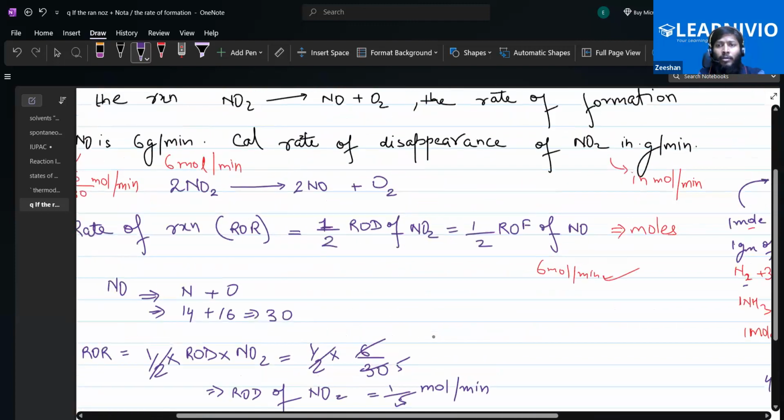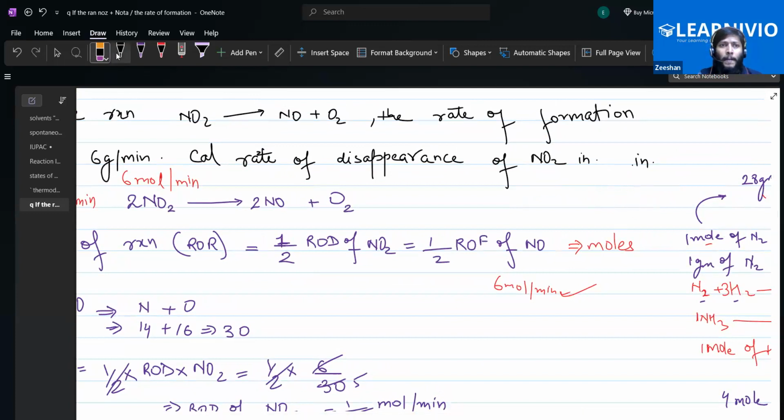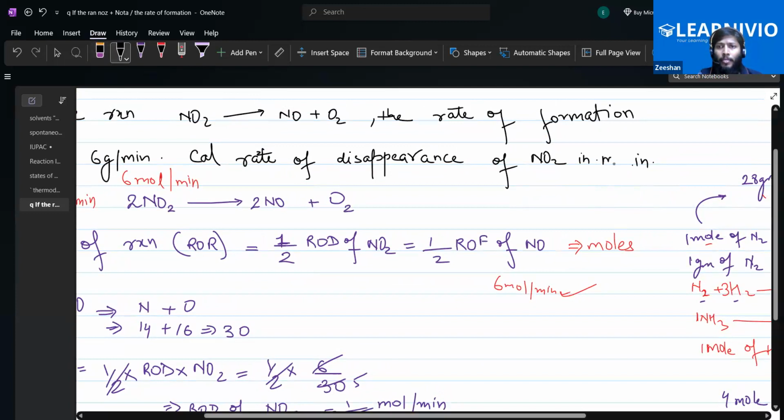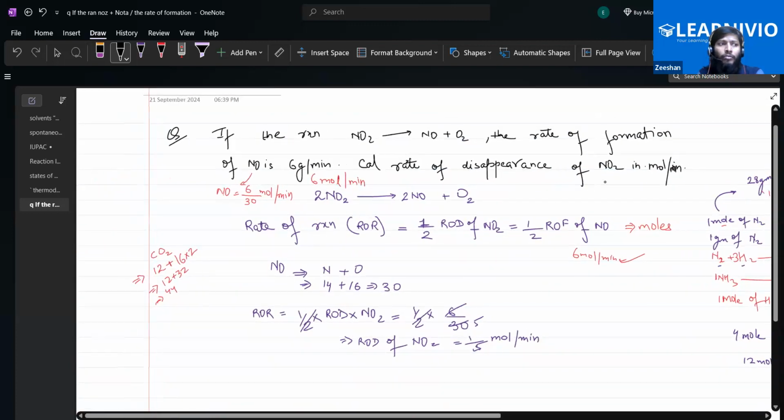So I think we should leave it here so that you don't get confused. You take out the question in mole per minute only. So this will be the answer for you.